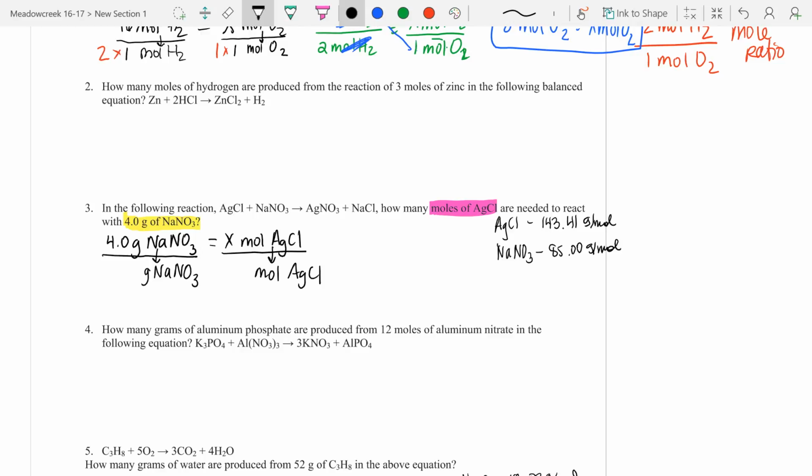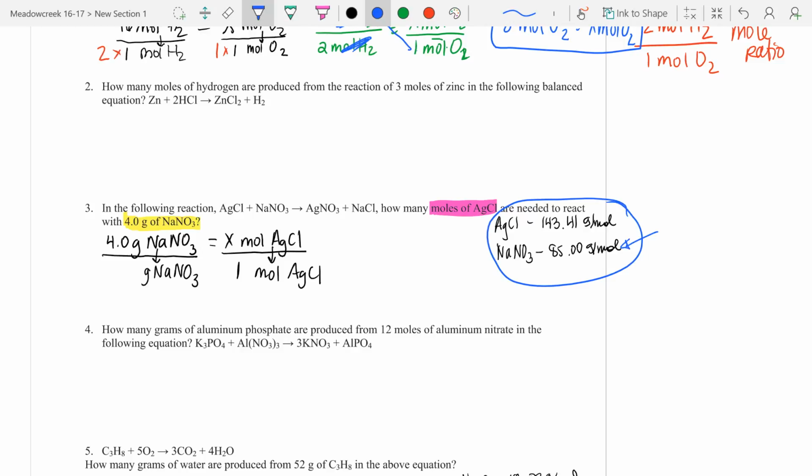Now, we just spoke in problem number 1 about how we always write the number 1 by moles, but on the left side of my mathematical expression, I have grams. Now, what gets written by grams? Well, that would be our molar mass, which I calculated a couple of molar masses and wrote the answers on the right side of the problem. And we notice that the one we're looking for is going to be this one right here.